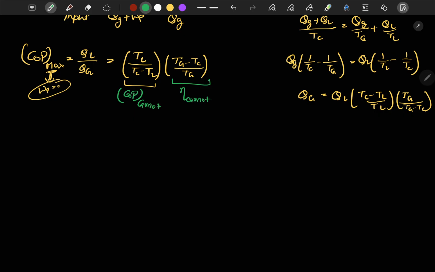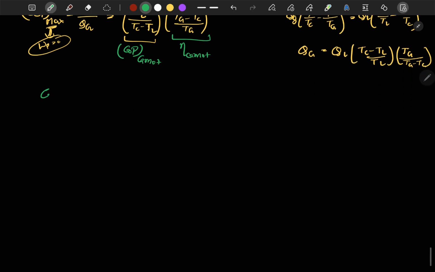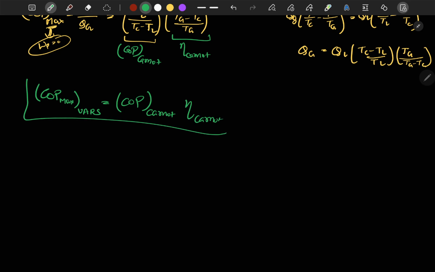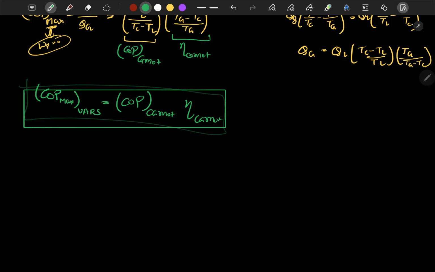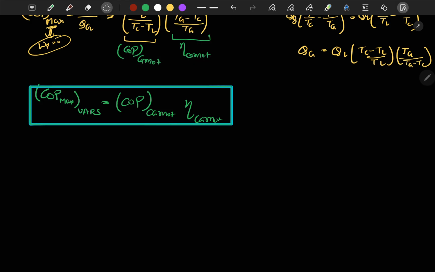So we can write COP max for VARS as COP Carnot into eta Carnot.